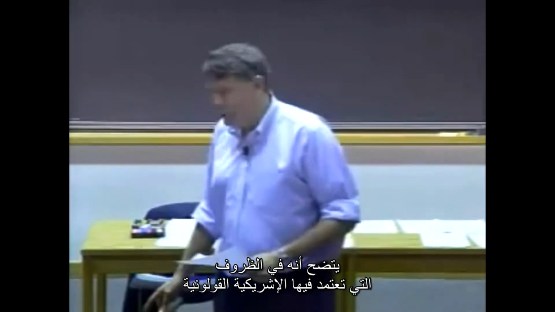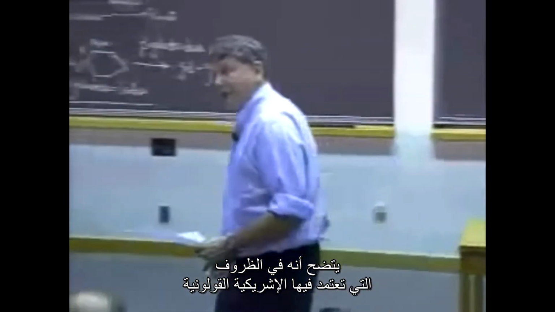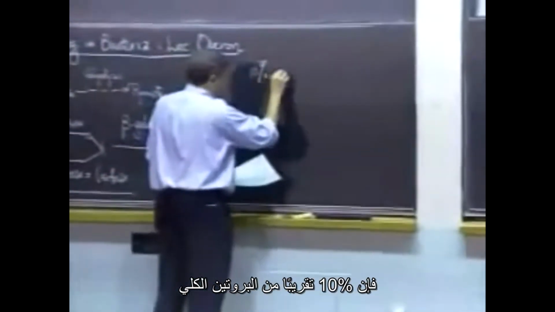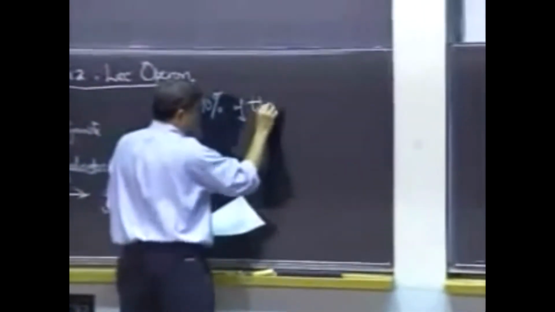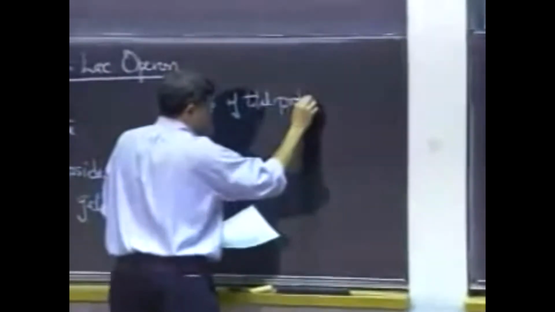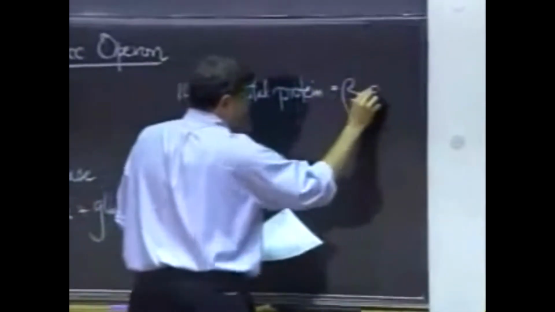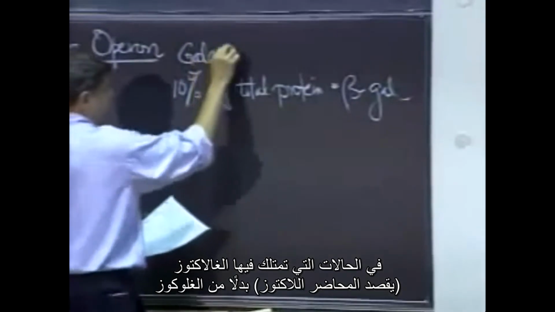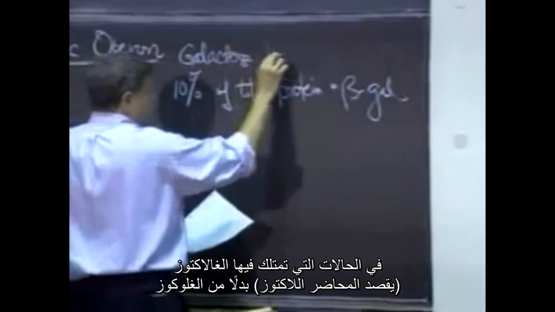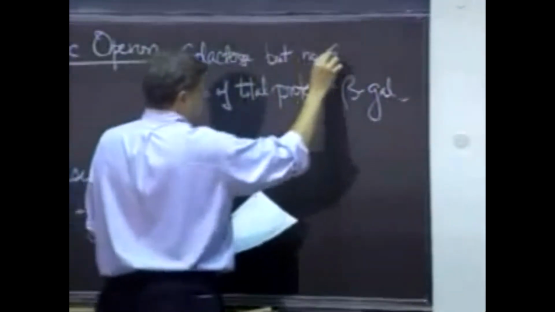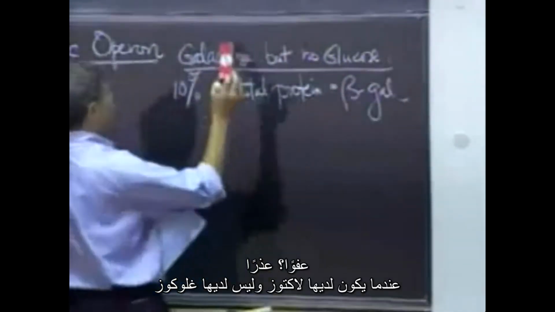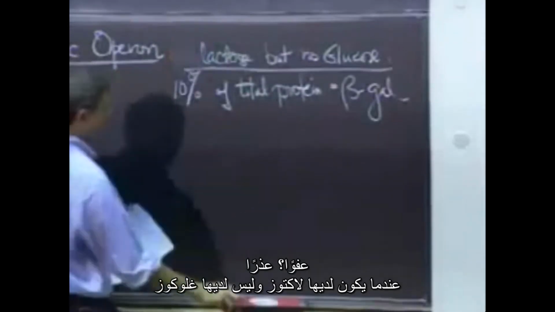Turns out that in circumstances where E. coli is dependent on lactose as its fuel, something like 10% of total protein can be beta-gal under the circumstances when you have lactose but no glucose.